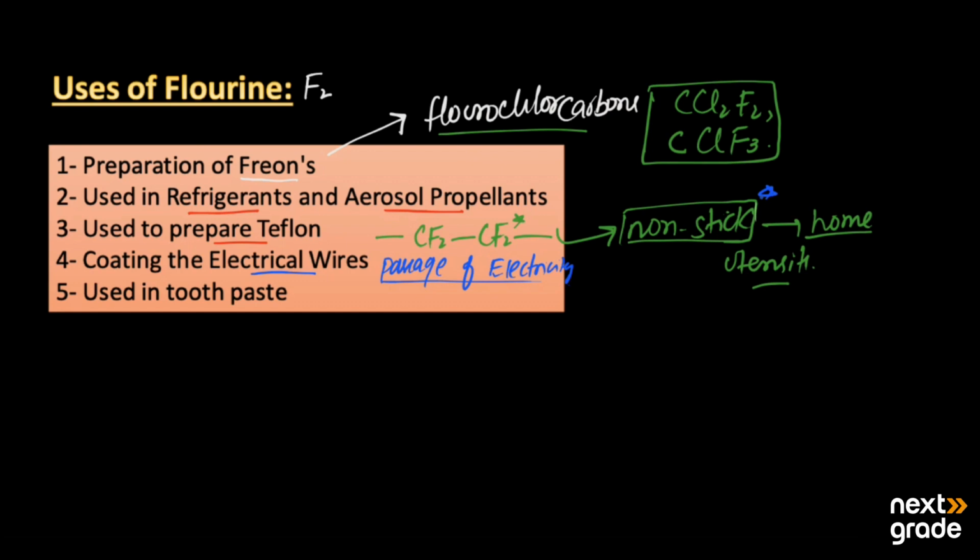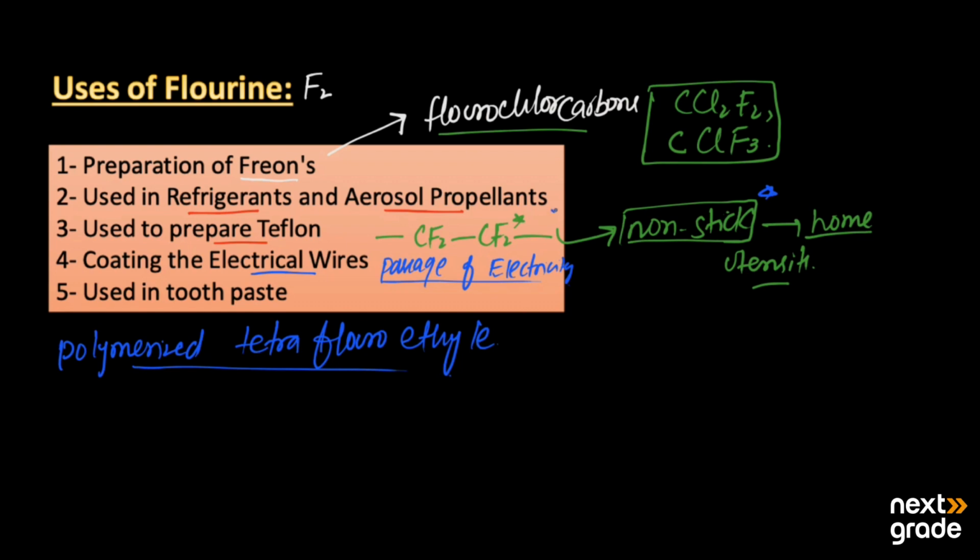It is prepared by the simple polymerization of tetrafluoroethylene, a compound which is polymerized. So this Teflon is also a valuable plastic that can be used for different purposes.